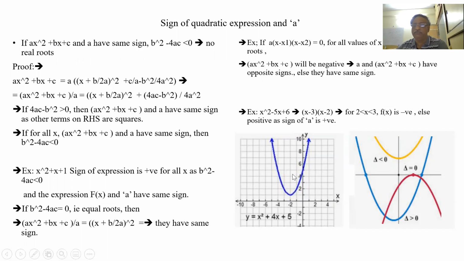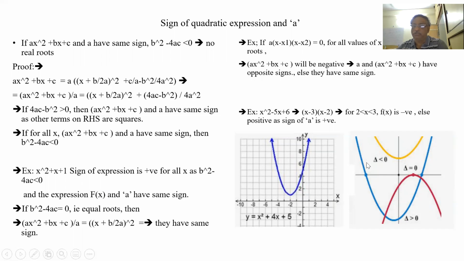You can see from the figures, if b square minus 4ac is more than 0, where a is positive, you have two roots. If x is between these two roots, the expression is negative. If x is beyond these two roots, the expression is positive. They are opposite sides.